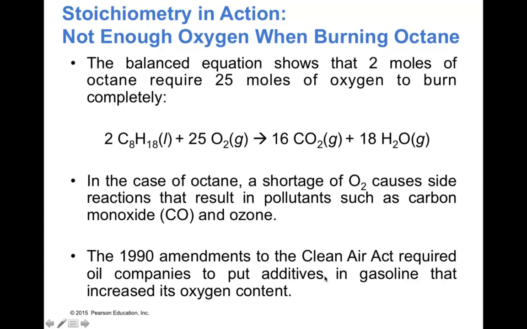So that's why you sometimes put additive in the gasoline, because that allows the engine to have more oxygen so that when the combustion of octane is produced, it will produce carbon dioxide and water, not carbon monoxide and ozone, because these are really dangerous.